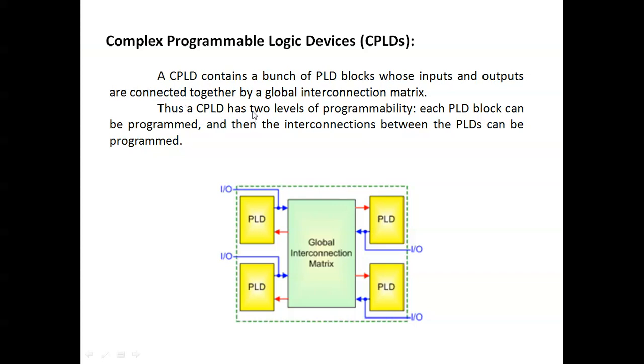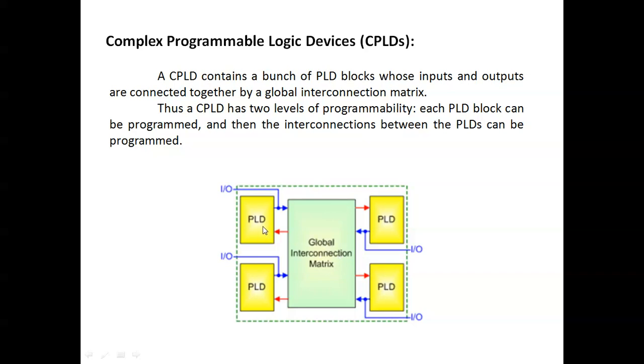So CPLD, it's a bunch of PLD blocks. Also, the inputs and outputs are connected together, and you see that PLD blocks are available. So a bunch of blocks are there. The input and output of the PLD are connected through this global interconnection matrix.